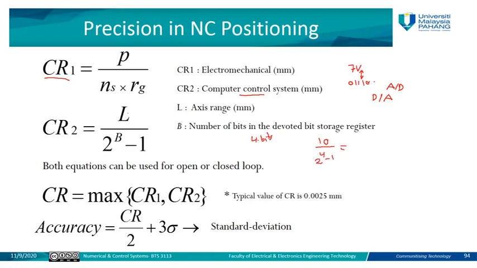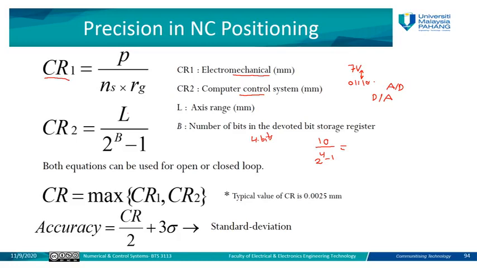In the case of the mechanical part, these values or parameters are already used, for example the pitch of the lead screw, the number of pulses, and also the gear ratio. We call it electromechanical because it involves the gear and the coupling between the drive, the motor shaft, and the lead screw that will move the table and increase the velocity and movement of the table.